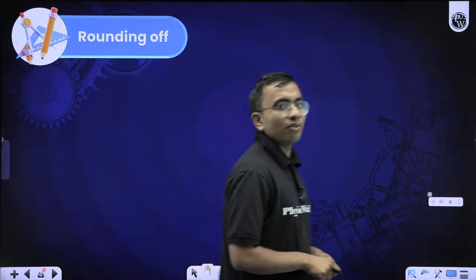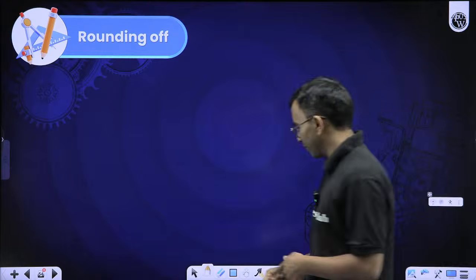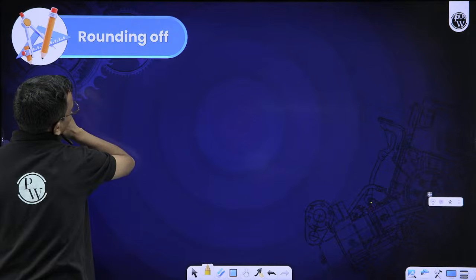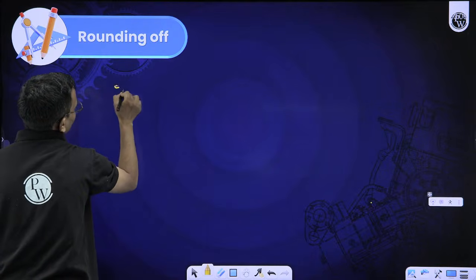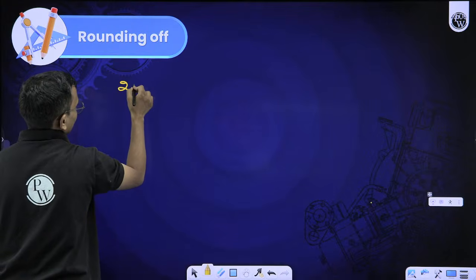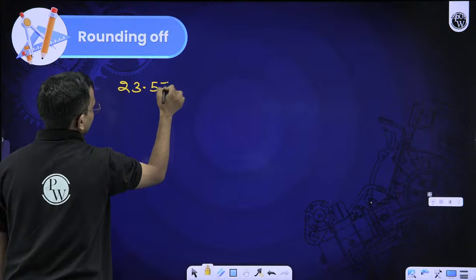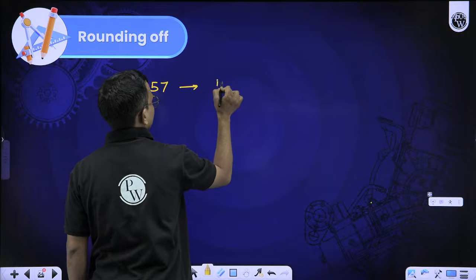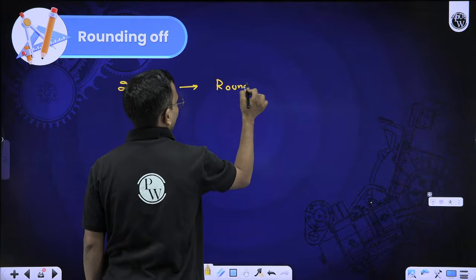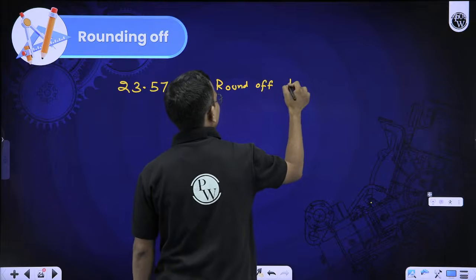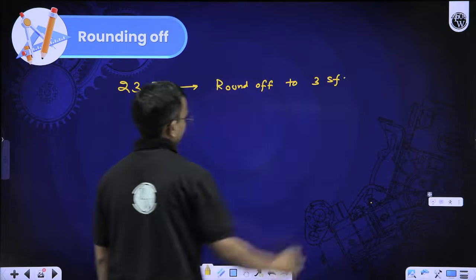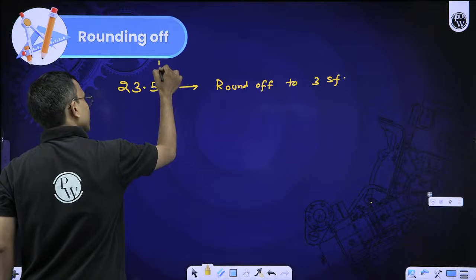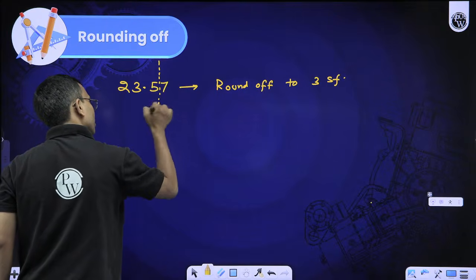Now, the rounding off rule. You all know the rounding off rule, but here is a quick revision. Let us take a number like 23.57. If I ask you to round this off to 3 significant figures, you have to drop the last digit.